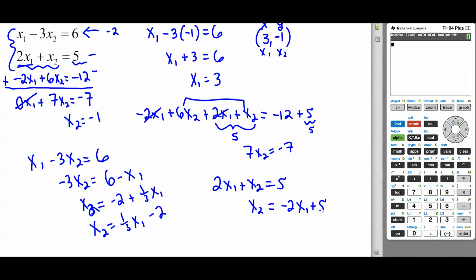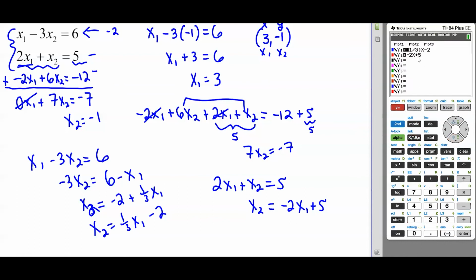And I'm going to type this into my calculator here. I'm going to hit the y equals. This is a TI-84 calculator. Y equals, and for the first one I'm going to put in 1/3 x minus 2. And for the second one, negative 2x plus 5. I'm going to graph it. So let's see.